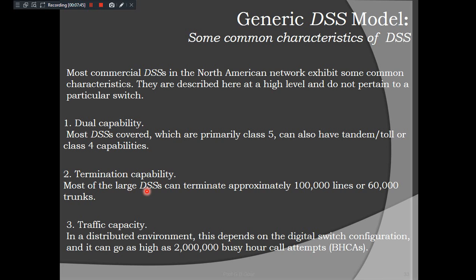Traffic capacity in a distributed environment depends on the digital switch configuration, and it can go as high as 2 lakh busy hour call attempts. This is known as BHCA. So each digital switch is thought of as supporting 1 lakh lines to 60,000 trunks and traffic handling capacity of up to 2 lakh BHCA.